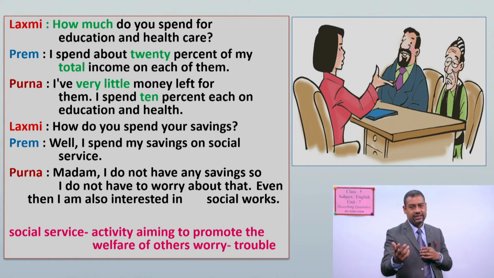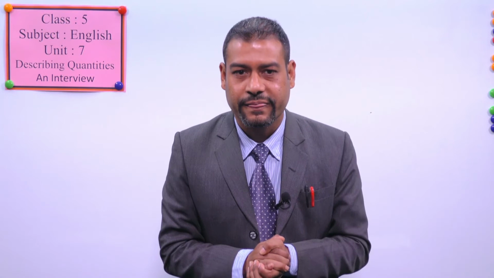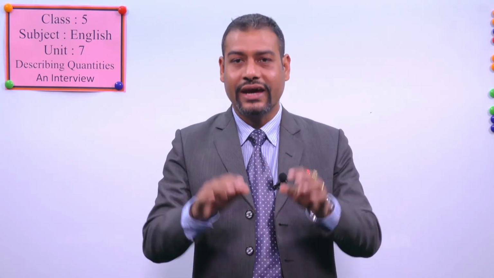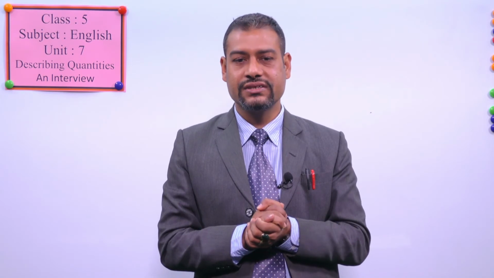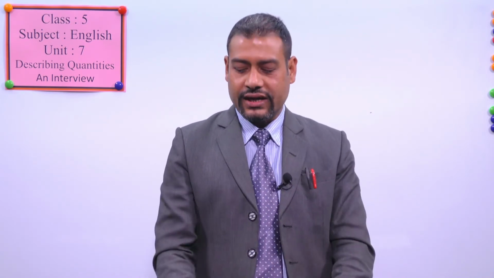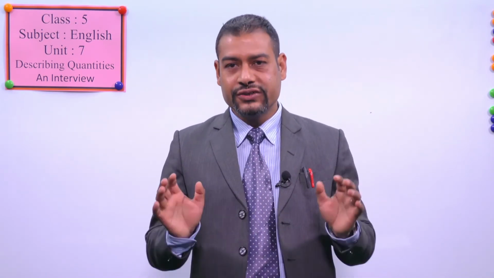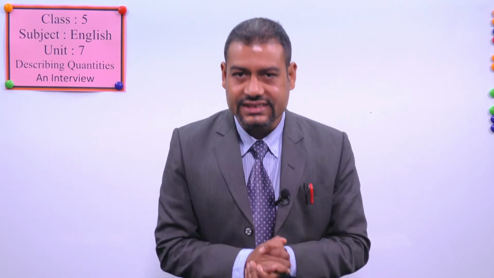Is that 3 or 4 or 5? So that is uncountable. Alright? So you should not be confused. So you have to be clear to use how much and how many. Is that clear, dear students? So after this one, I just like to make you do some exercises.